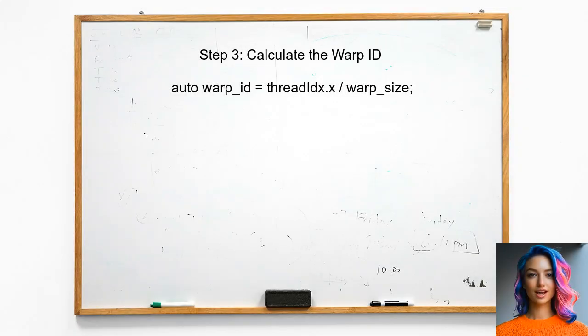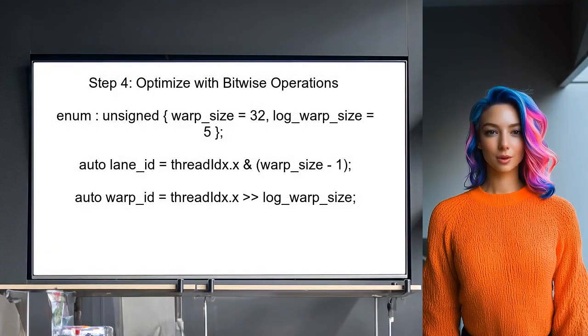After that, the user should calculate the warp ID. This is achieved by dividing the thread index by the warp size. If the user wants to ensure maximum efficiency, they can use bitwise operations instead. This involves using the bitwise AND operator for the lane ID and the right shift operator for the warp ID.